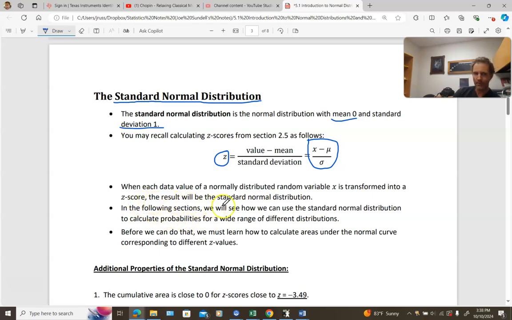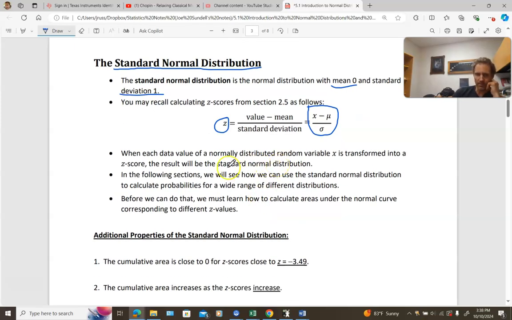And then in the following sections, we're going to see how we can use the standard normal distribution to calculate probabilities for a wide range of different distributions. So a wide range of other normal distributions, they can all be standardized. And because of that, we can find probabilities, okay, that x lies within a certain range of values, or that z lies within a certain range of values.